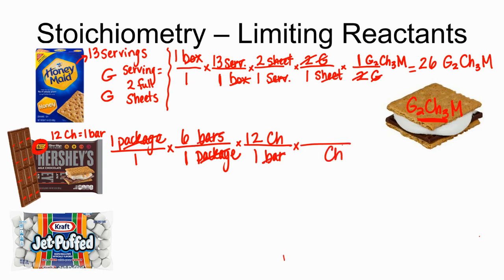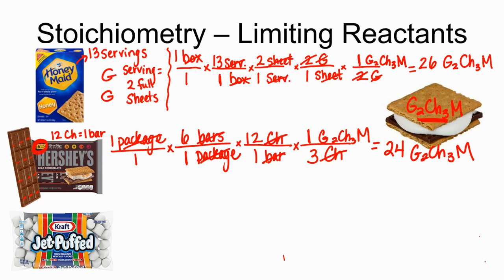And I know from CHs how to make my s'mores. I know that 1 s'more needs 3 of those chocolate pieces. And so then I'm going to be able to make 24 G2CH3M, or s'mores, from the chocolate.